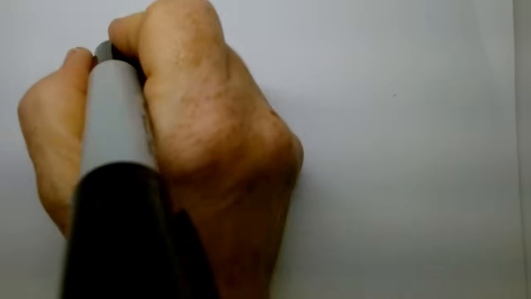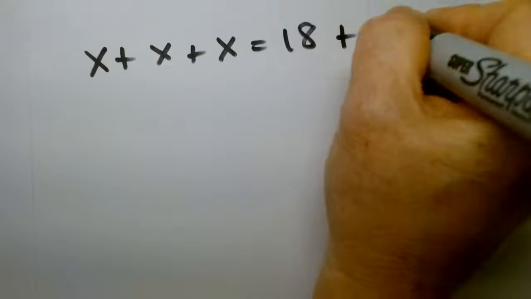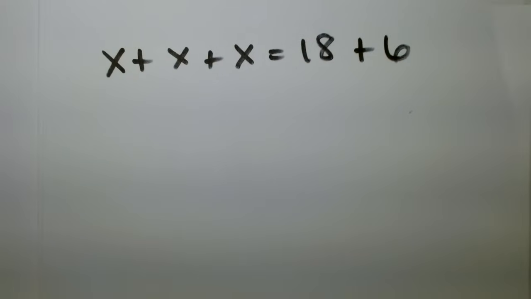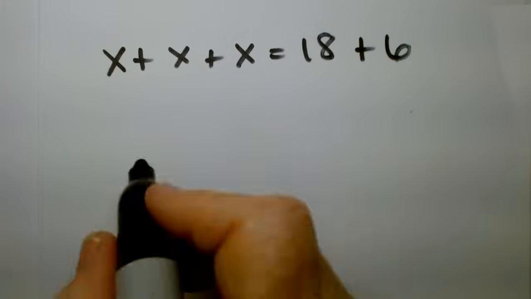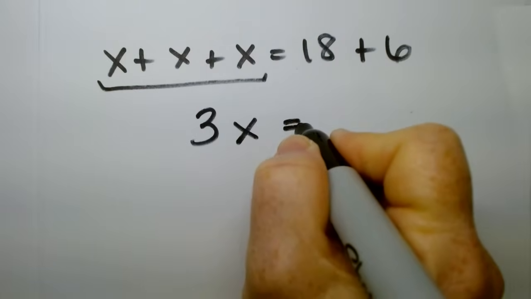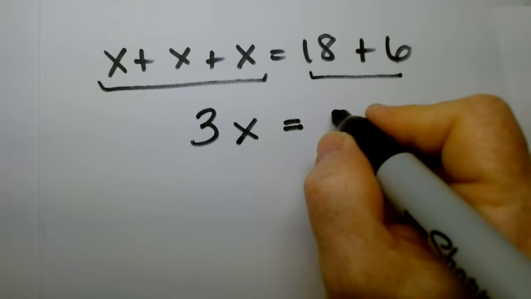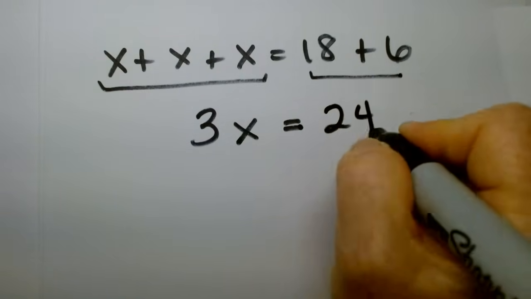Okay, I have x plus x plus x equals 18 plus 6. What do you think about that one? Yep. So we're going to combine those. 1, 2, 3x equals, and what do you think about that? 18 plus 6, how much is that going to be? 24?